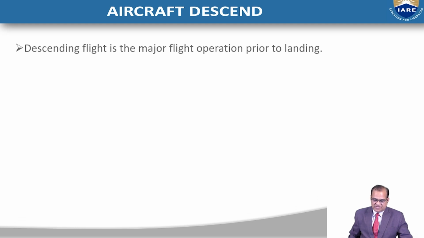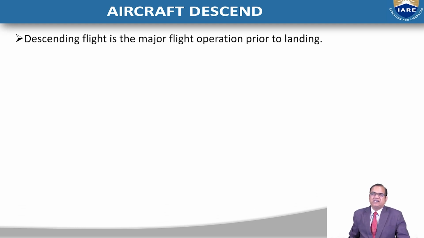Now I will discuss the descent. Descending flight is the major flight operation prior to a landing. Before the landing, descending is very essential because your aircraft is at a higher altitude. From there, it has to first come down to the lower altitude. It is the lowest cost flight because in this we need very minimum thrust.